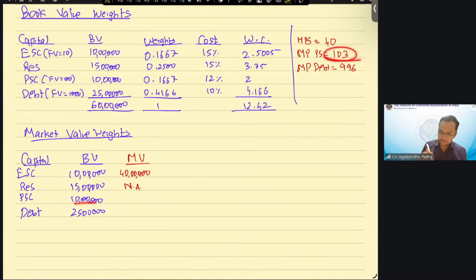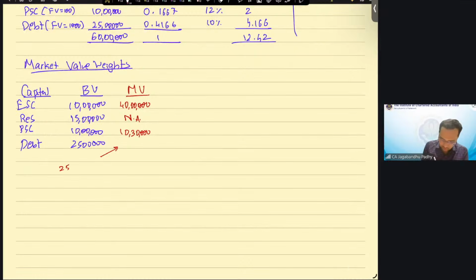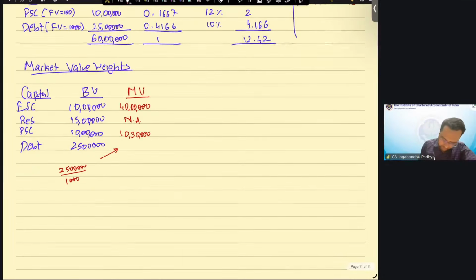Preference share capital is priced at 103. So this will be 10 lakh 30,000, and debentures are priced at 996 per debenture. So the calculation that we will have over here is 25 lakh divided by 1,000, because the face value is 1,000, and then we multiply this by 996.